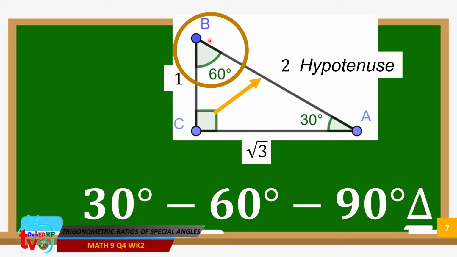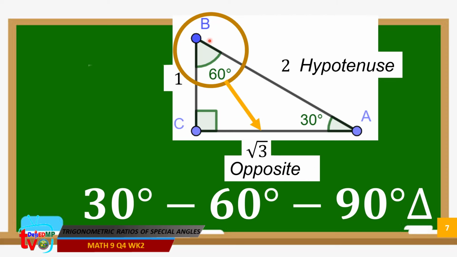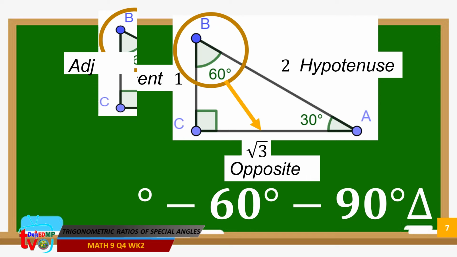Where do you think is the opposite side? That's correct. Our opposite side is line segment AC, which is square root of 3 units long, and the third side is our adjacent side. Now keep this in mind and let us solve for the primary trigonometric ratios of a 60-degree angle.